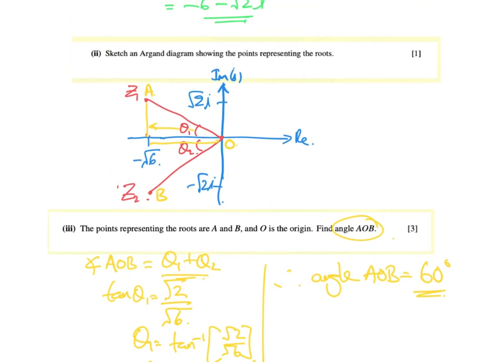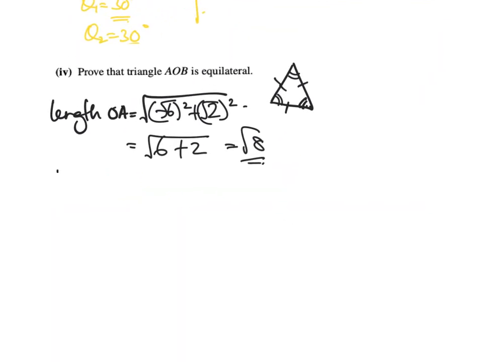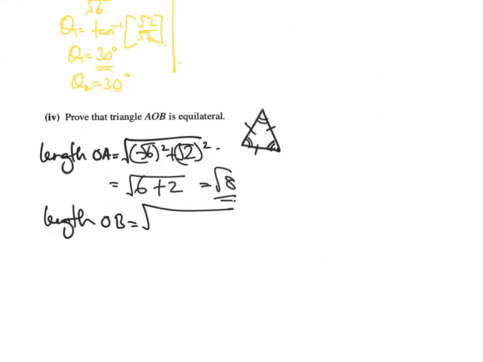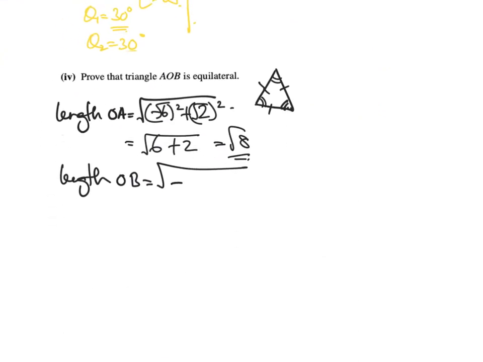Now let's look at the length of OB, from O to B. Same method, but this time it's negative √6 and negative √2. Since it's squared, it does not matter whether it's negative or positive, it will give us a positive value.